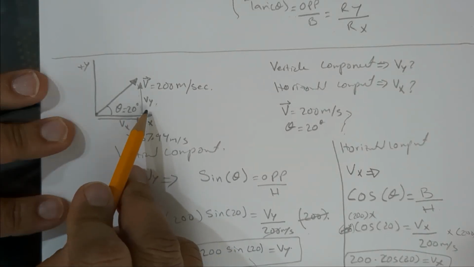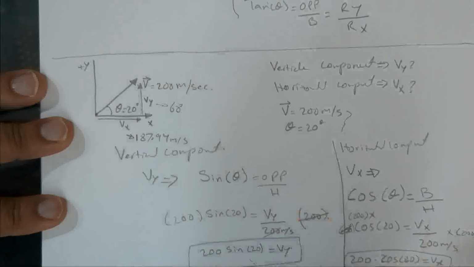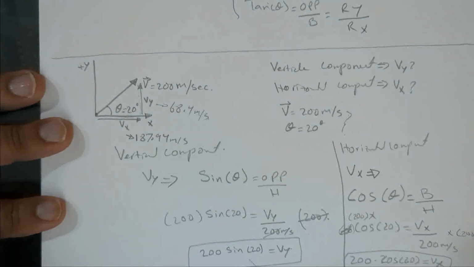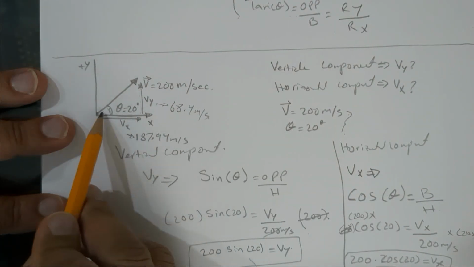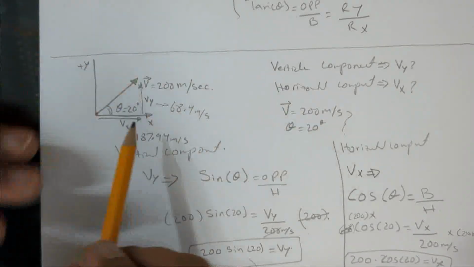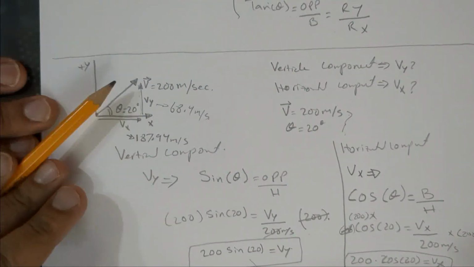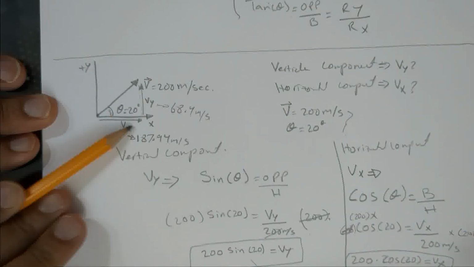And then you have Vy, that's equal to 68.4 meters per second. All right. So my drawing does not do justice for 20 degrees. 20 degrees is a very acute angle, right? And you can notice, since it's a very acute angle, most of the component is on the x-axis.